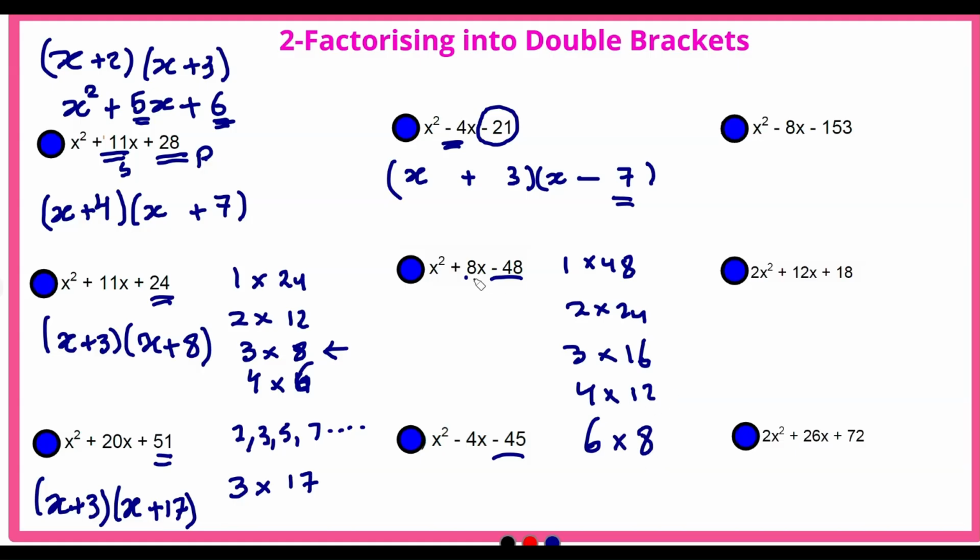Which pair here satisfies that? I'm looking for a difference of 8, so that's this one. So it's going to be x 4 and x 12. We said the largest takes the sign of the middle, so this has to be minus. This automatically has to be plus, because plus 4 times minus 12 gives me minus 48.